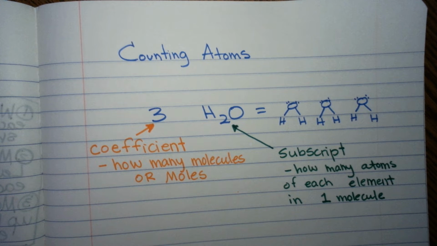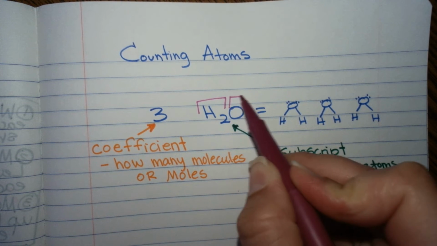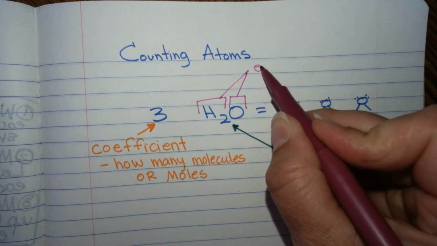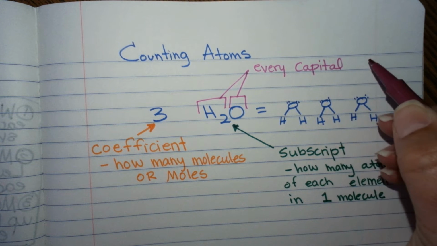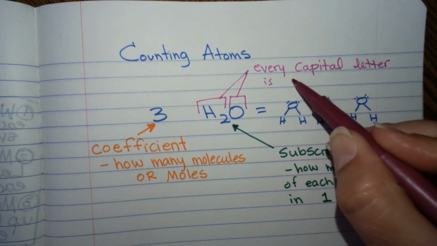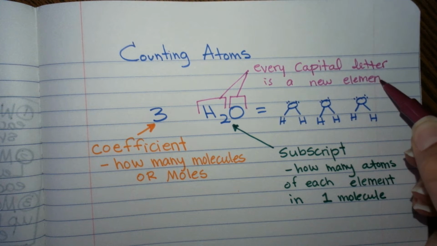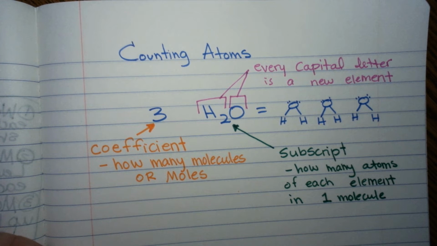Well, we can see there's a capital H, there's a capital O. So we want to think about it as every capital letter is a new element. We remember some of our chemical symbols have a capital and a lowercase, but every capital letter is going to give us a new element to look at.